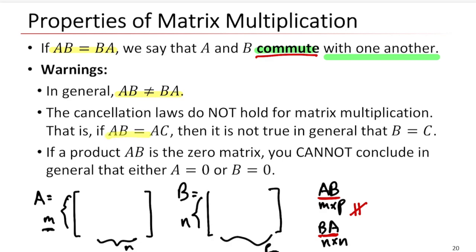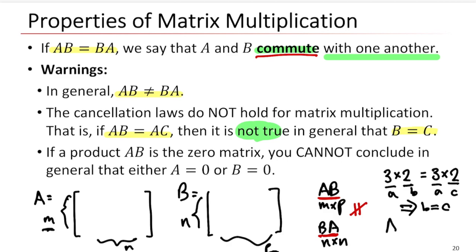If AB is equal to AC, it is not true in general that B equals C. Let's think about the algebra domain. 3 times 2 is equal to 3 times 2, then we can say that, let's say this is A, then B is equal to C, right?